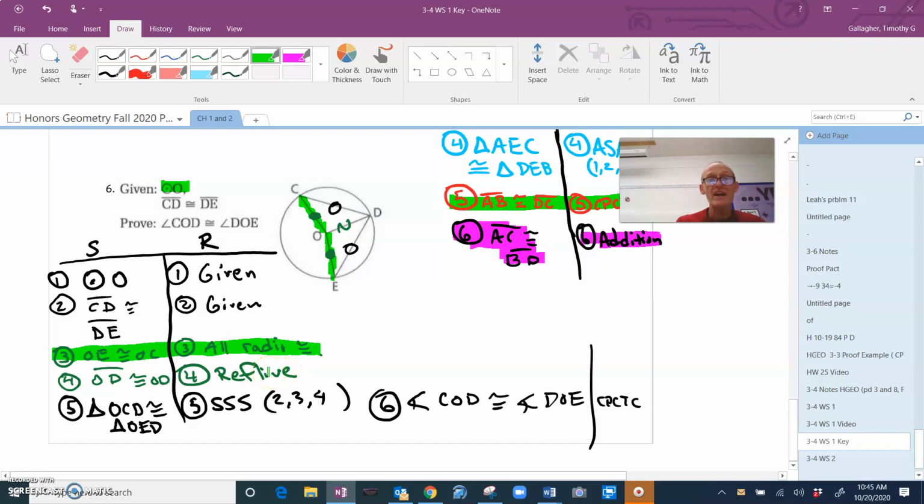And then we have to prove two angles are congruent, angle COD, which is this angle right there, and angle DOE, which is this angle right there. But before we do it, we have to get the triangles congruent. And you can see the two triangles. Okay? And then the two angles are by CPCTC.